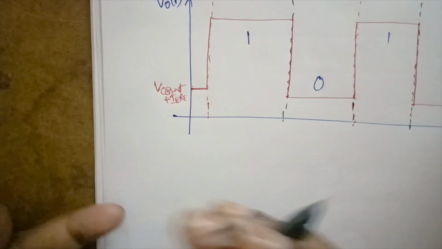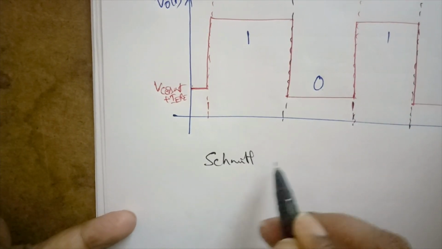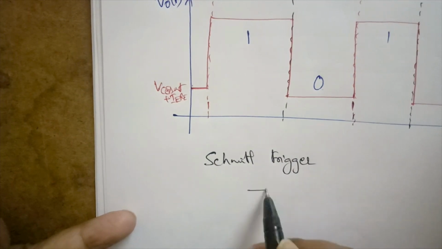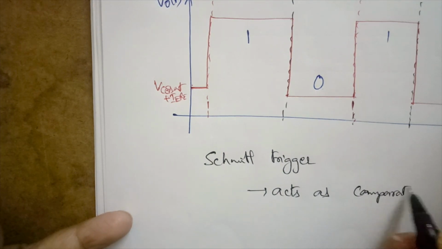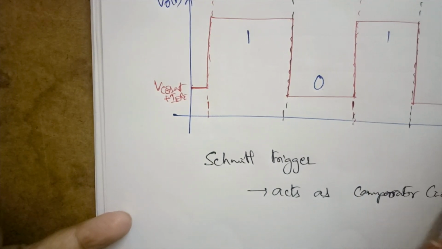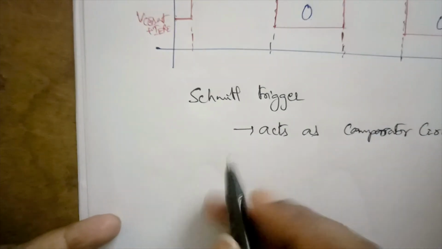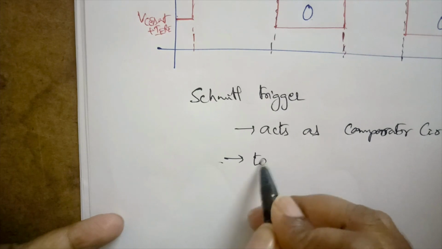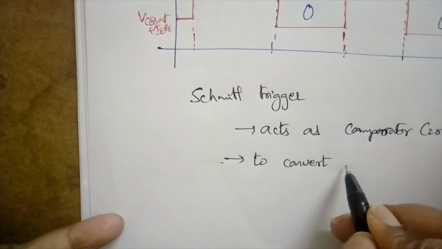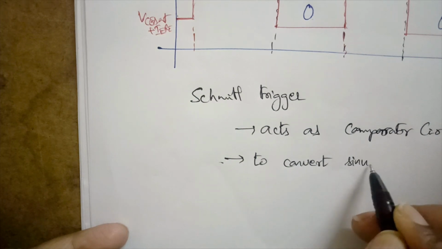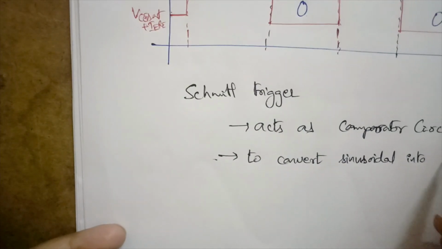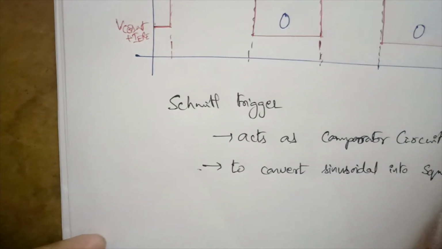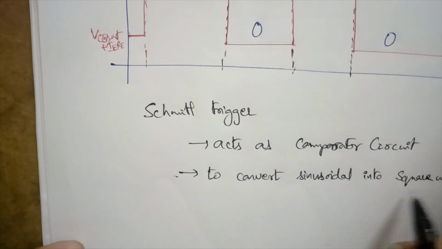So the Schmitt trigger acts as a comparator circuit, and it is used to convert a sinusoidal signal into a square wave. So that's it.